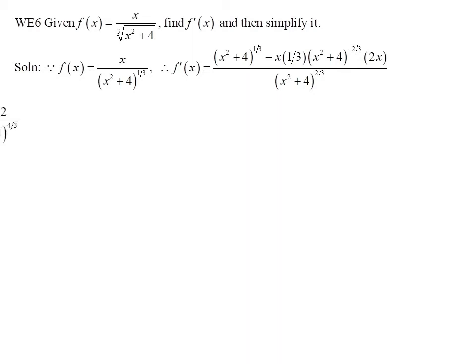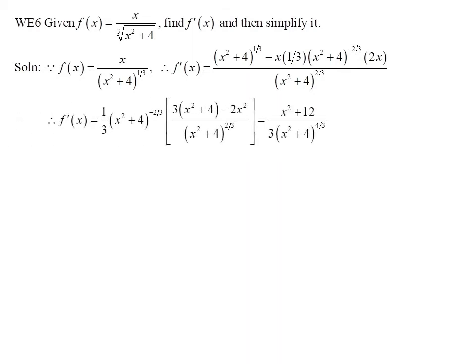After taking out the common factor, it is simplified to (x² + 12) over 3(x² + 4)^(4/3).